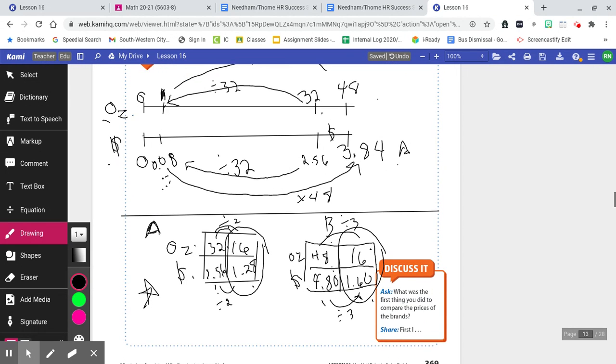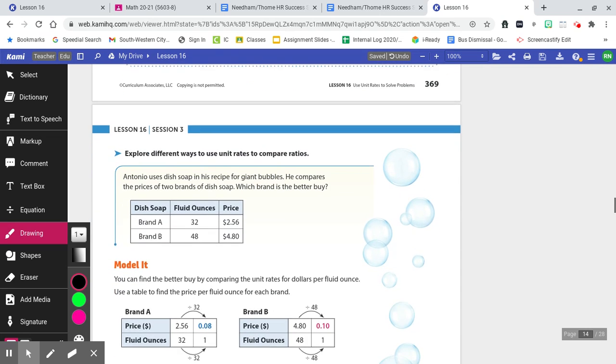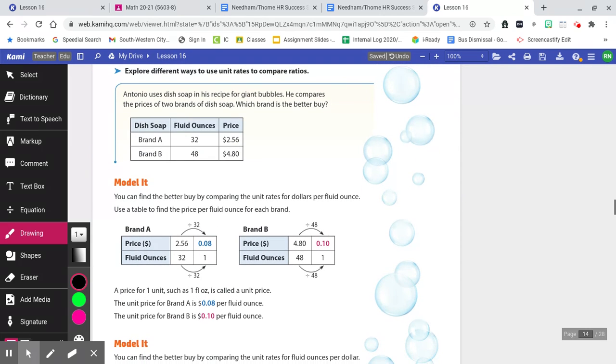Let's look at the model and see what ways they did. So look on the next page, 370. The problem again is stated in a table, and you can find the better buy by comparing the unit rates for dollars per fluid ounce. You could use a table. This was like the first one where you divide by 32, and this is what I did on the double number line, and then I multiplied it by 48.